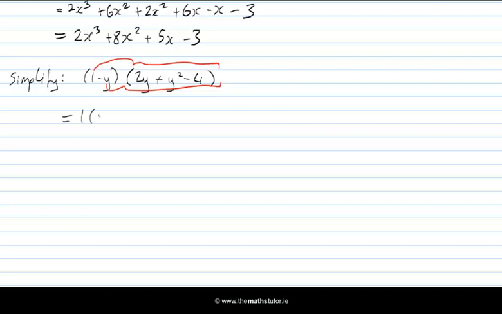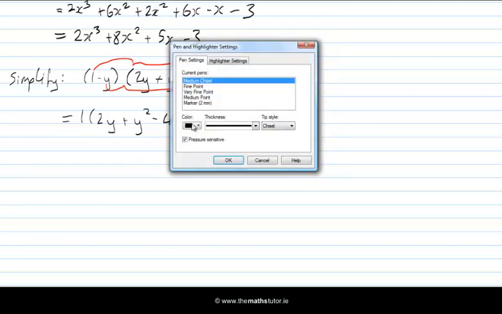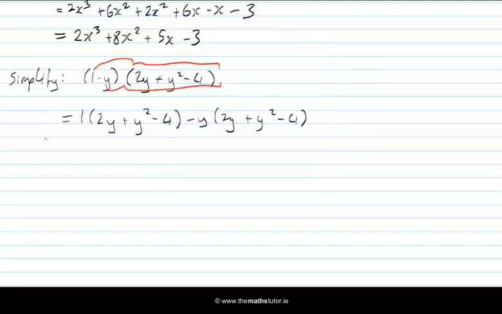So I get 1 times 2y plus y squared minus 4, and a minus y times 2y plus y squared minus 4. So I have the 1 multiplied by everything in here, and the minus y multiplied by everything in here.